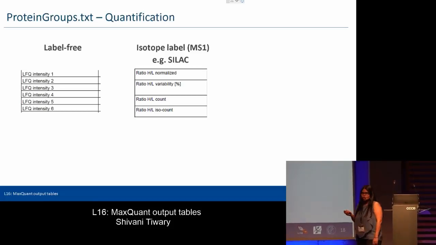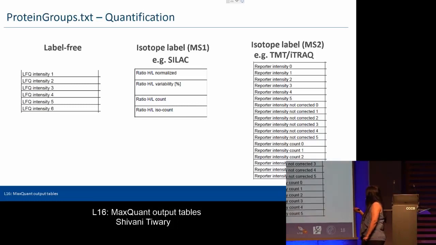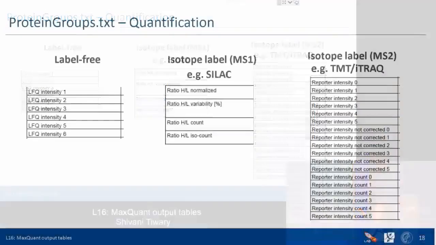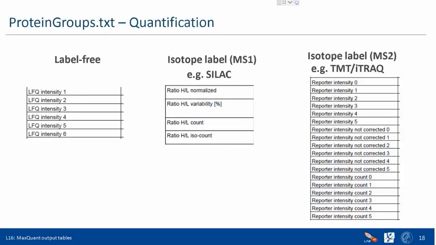And then you can also get the variability information. Then you get the count, so the peptides which were involved in that ratio, and then you get the isotope count. And for TMT, there are more columns here, and these correspond to the reporters for the TMT channels.